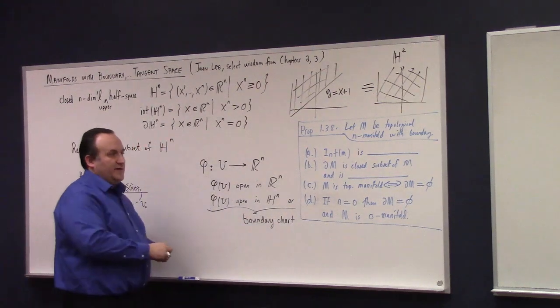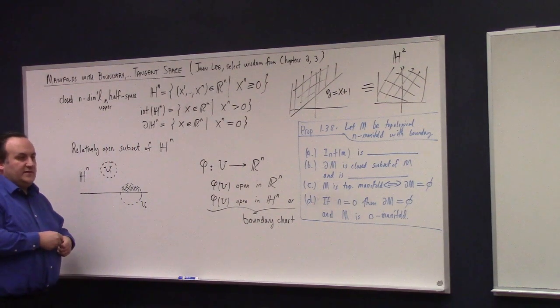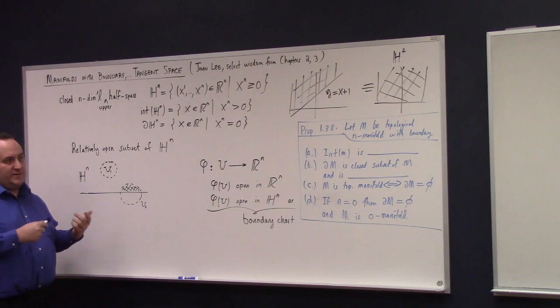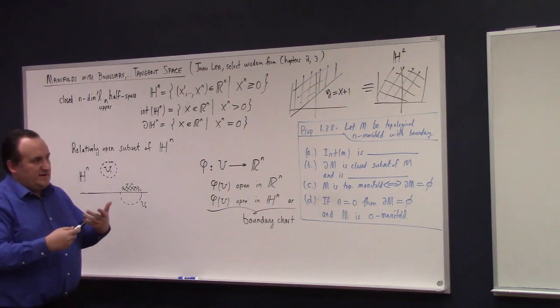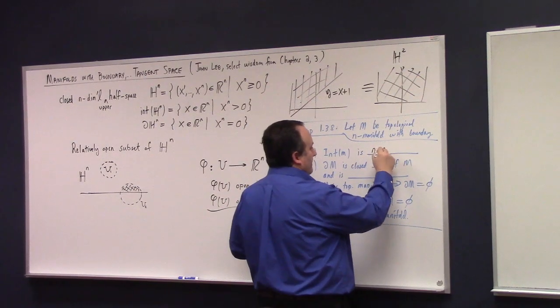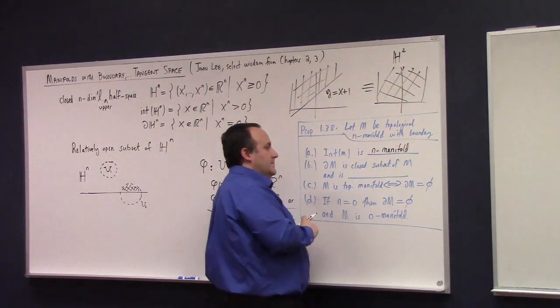What should the interior of M be? If M is a topological n-manifold with boundary, the interior of M, right? It's open. True. That's true. But what is it? It's just an n-manifold.